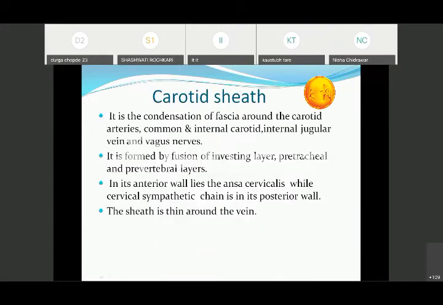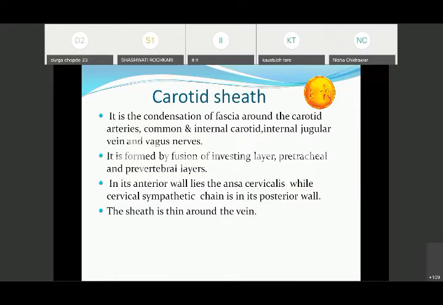So this is the condensation of the fascia around the carotid arteries, the common carotid, internal carotid, and internal jugular vein and the vagus nerve. It is formed by the investing layer, the pretracheal and prevertebral layers of the deep cervical fascia. We have not completed that lecture on deep cervical fascia; we will complete it.